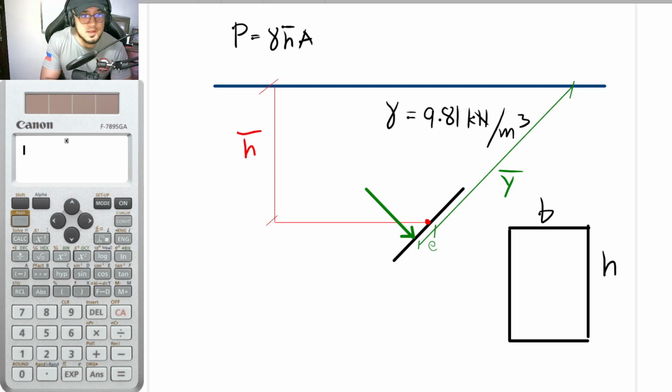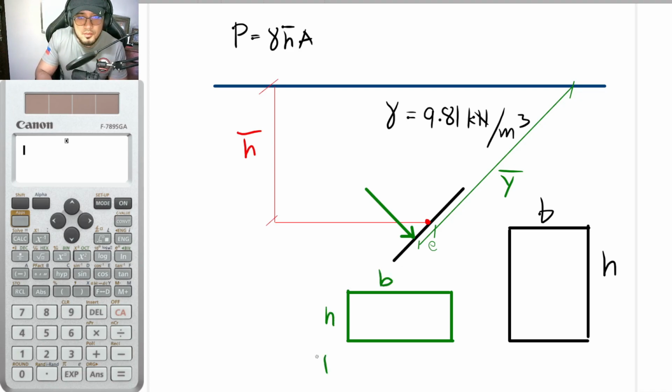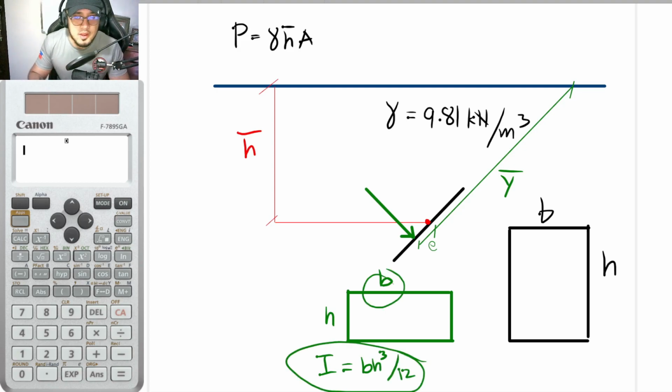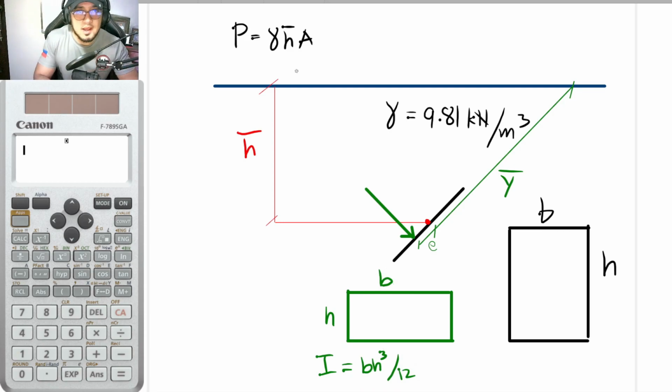If it is now the other way around, let's say this is now the shape of the plate, where the base is larger than its height, same thing. If this is now b and this is h, the moment of inertia is still bh cubed over 12. So it is still the same, whatever the orientation of that rectangle is.